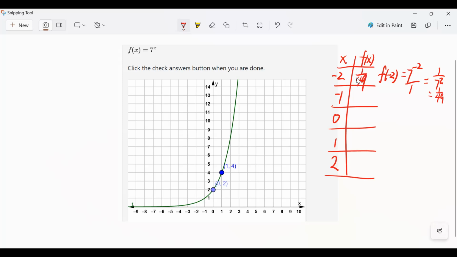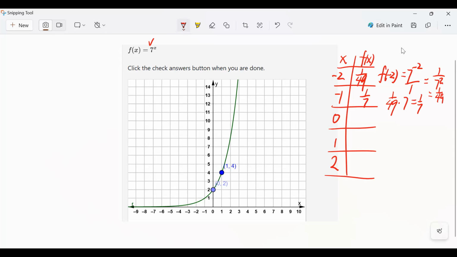And actually, if you do not want to do the calculation for the remaining numbers, there's a way. So the base is 7, right? So the next number will be 1 over 49 times 7, so that becomes 1 over 7. The next number will be 7 times as much.